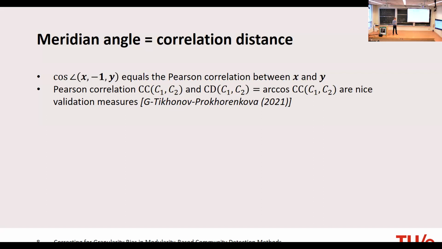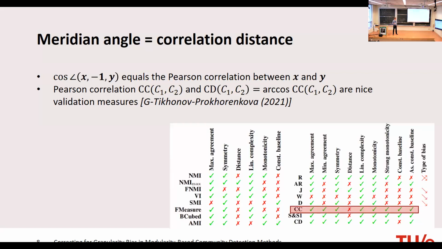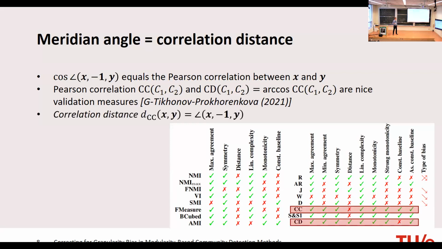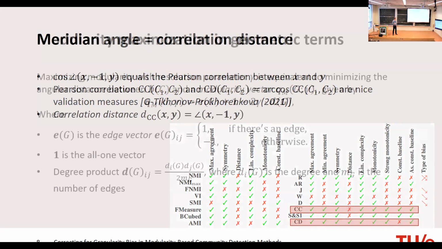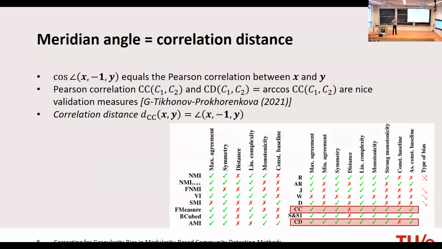There, this correlation coefficient was one that satisfies almost all the properties. And one of the nice properties was that if you take the arccosine, you then get a metric distance. But that's for another time. That's why we call this angle on meridians correlation distance for the rest of this talk.